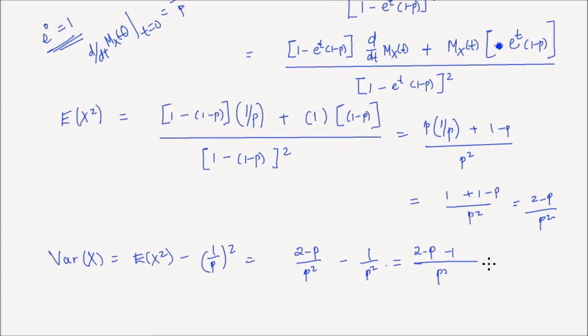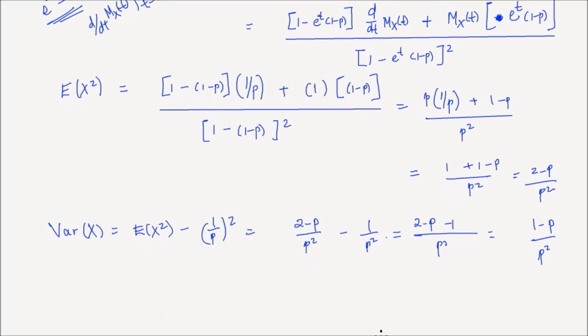So the variance is equal to 1 minus p divided by p squared. If we have a geometric random variable x with probability of success p, then the expected value of x is 1 over p, and the variance of x is equal to 1 minus p divided by p squared.